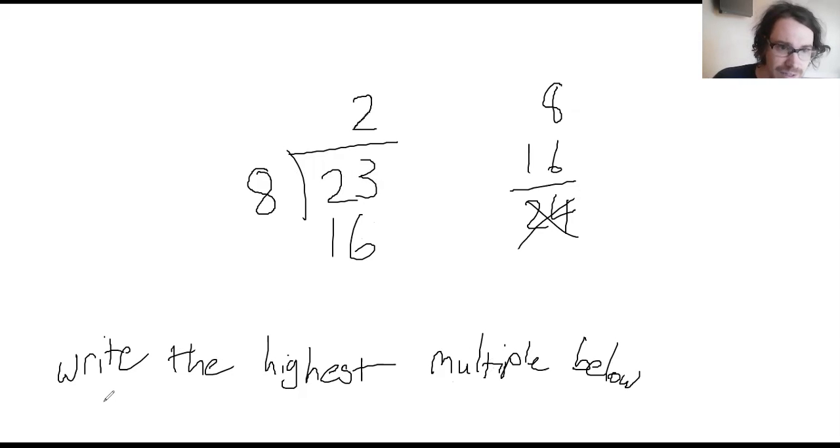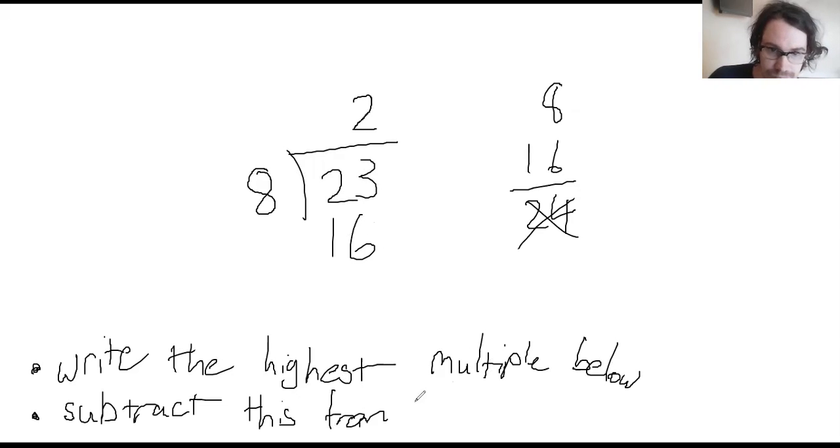Now to find the remainder, we have to subtract this number from the number inside, the dividend. So let's subtract this multiple of 8 from 23.